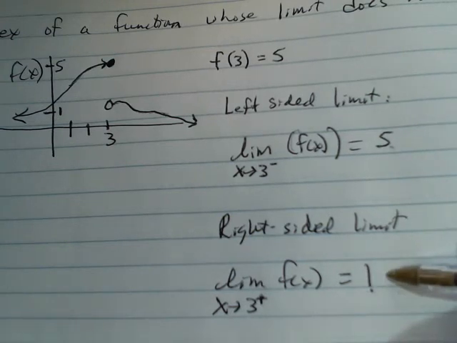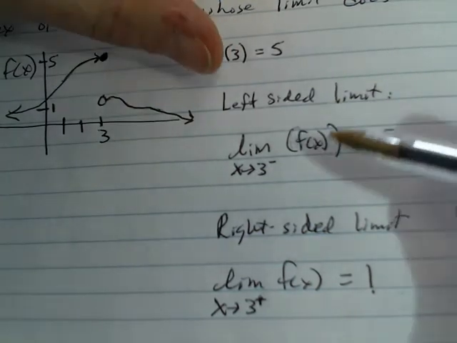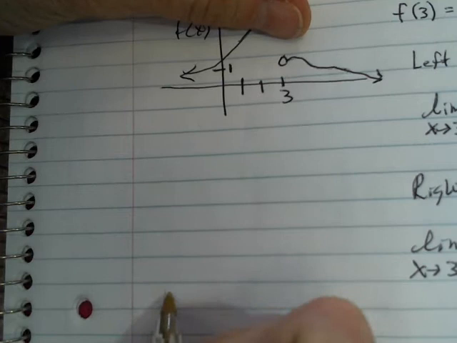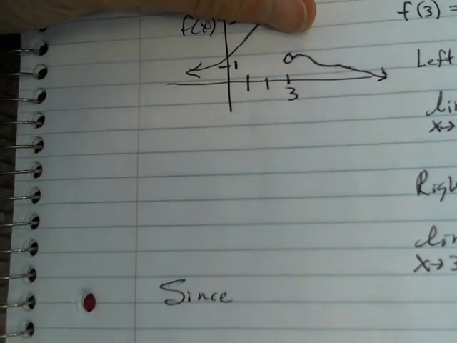And if the function has two different limits, if it has a different left-sided limit than the right-sided limit, then the overall limit as x approaches 3 does not exist. So we'll write it like this.